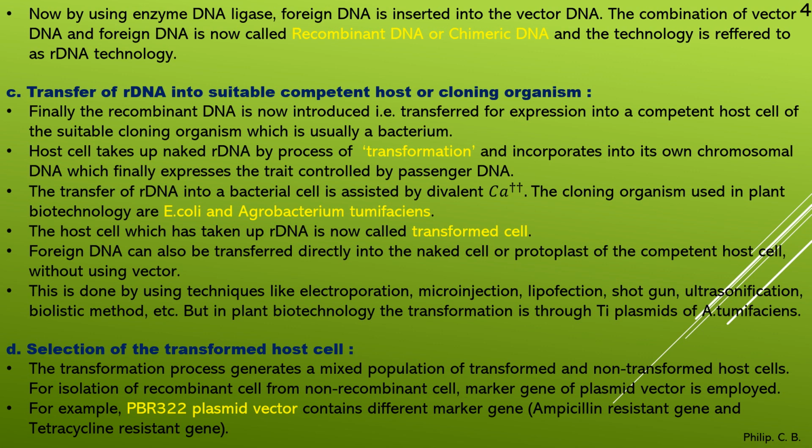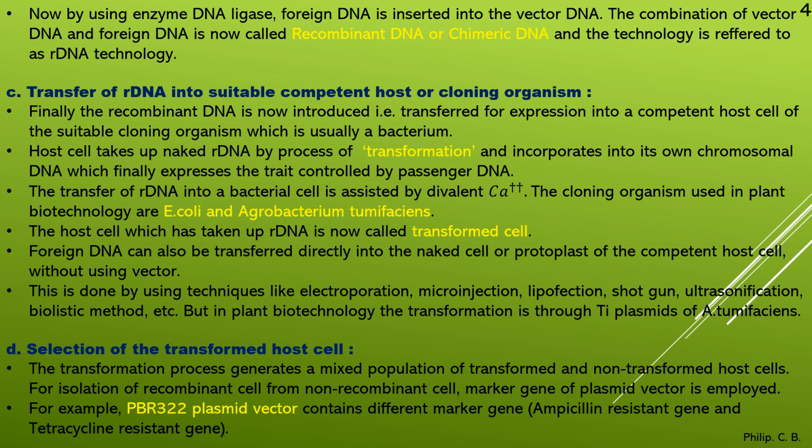Further, selection of the transformed host cell. So now we are going to select the particular host cell. The transformation process generates a mixed population of transformed and non-transformed host cells. For isolation of recombinant cells from non-recombinant cells, a marker gene of the plasmid vector is employed. For example, the pBR322 plasmid vector contains different marker genes, an ampicillin resistant gene and a tetracycline resistant gene.